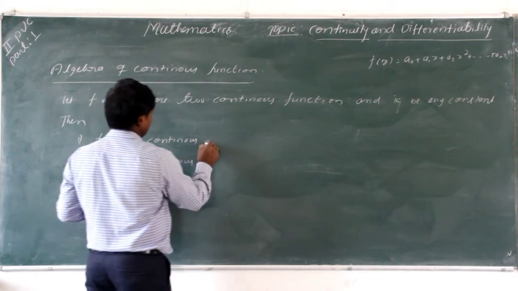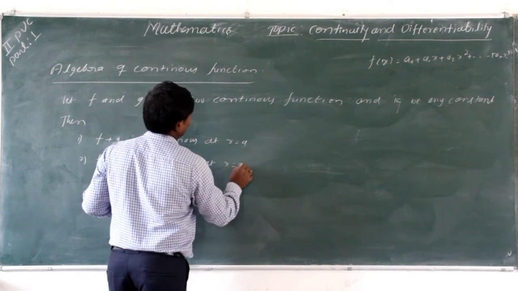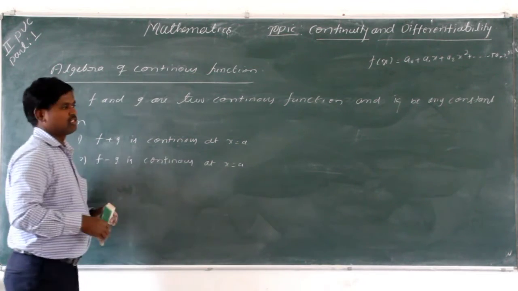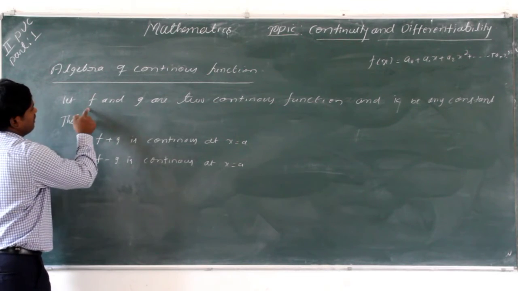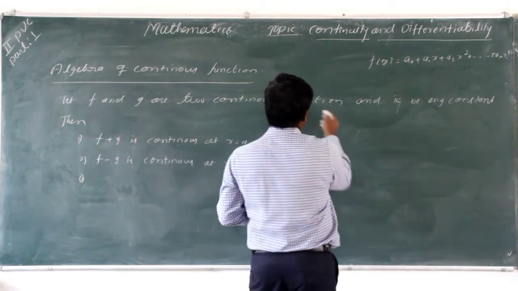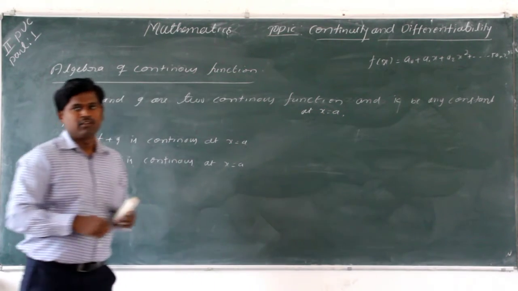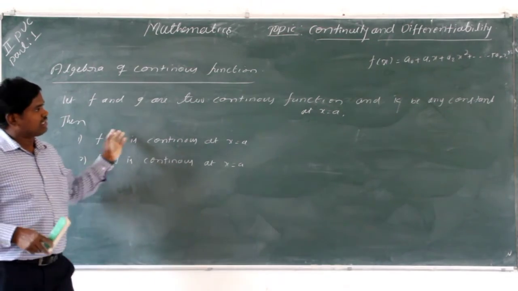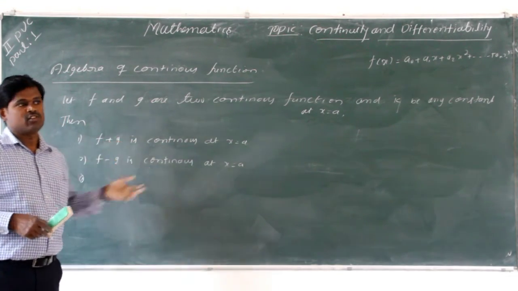Particularly at x is equal to a, at a given point, here also f of x and g of x are two continuous functions at x is equal to a. I am taking the functions f and g continuous at x is equal to a. So then the sum of two continuous functions is also continuous.